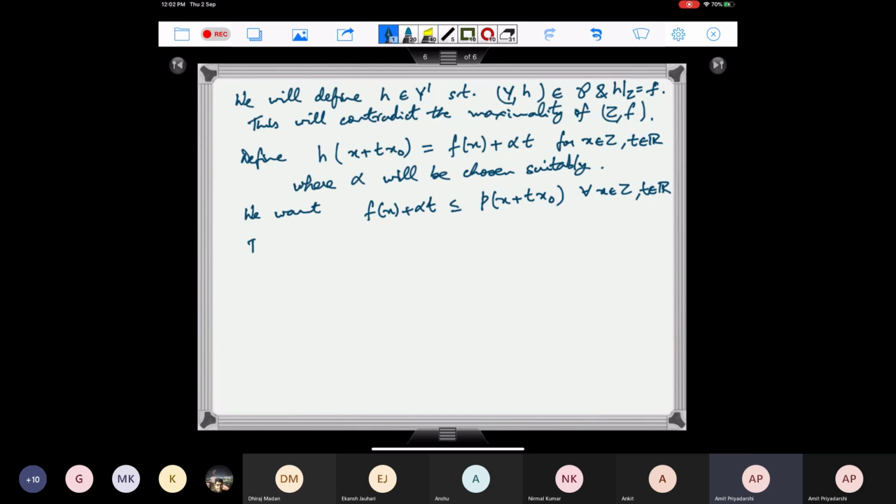Now if t is positive, then we know that p of x plus t x naught is less than or equal to p of x plus p of t x naught, and p of t x naught is t times p of x naught. So p of x plus t x naught is less than or equal to p of x plus t times p of x naught.